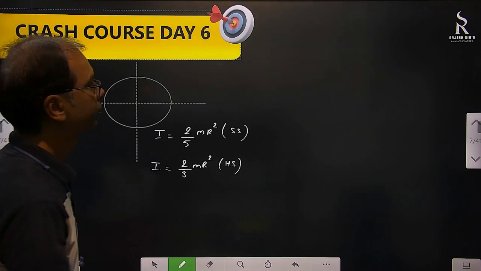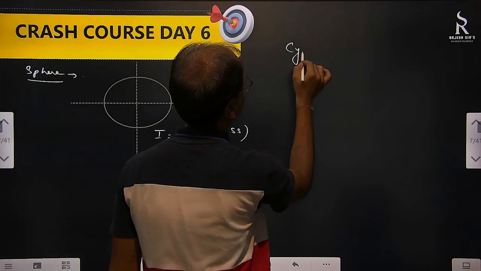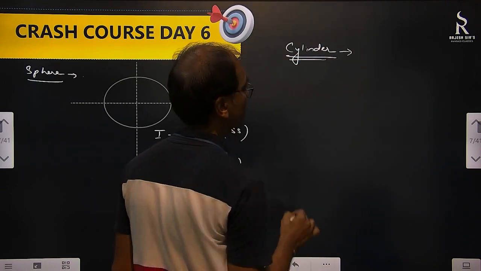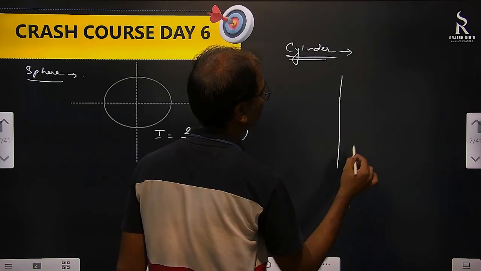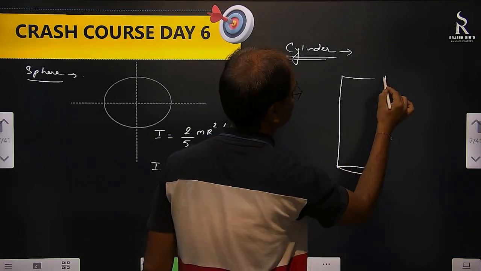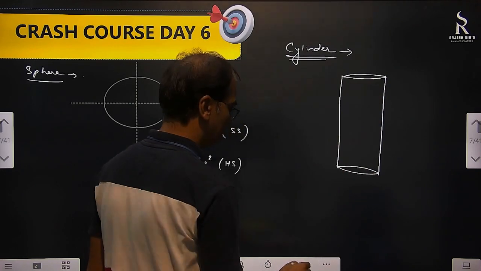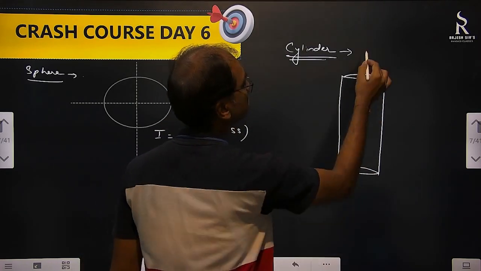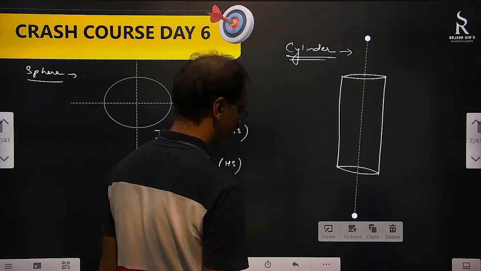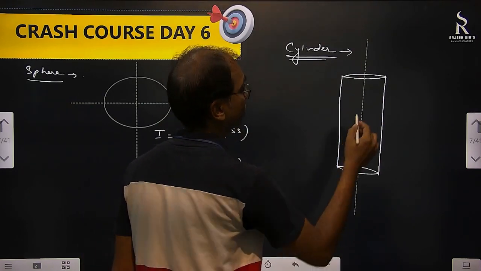Then what is necessary for us to know? The cylinder. Suppose we are taking a cylinder like this, and the axis is passing through the axis of the cylinder itself. Then what is the moment of inertia?